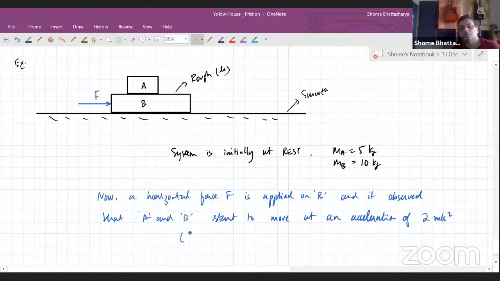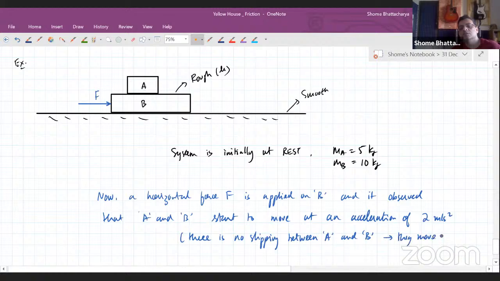That is, there is no slipping between the two blocks A and B. They move together as one block, that kind of thing.